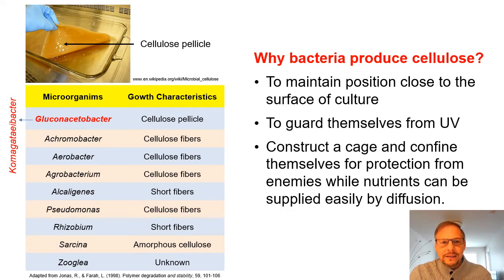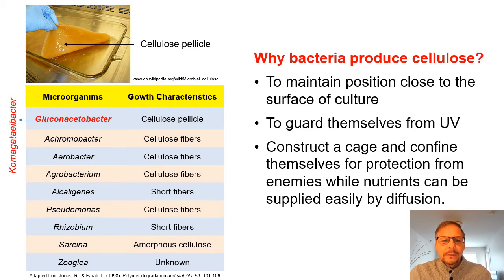And the cellulose that is deposited as a pellicle on the surface have different functions. One of those is to guard the microorganism from radiation, from UV radiation, to build a cage and to confine it so that it's also protected from enemies.